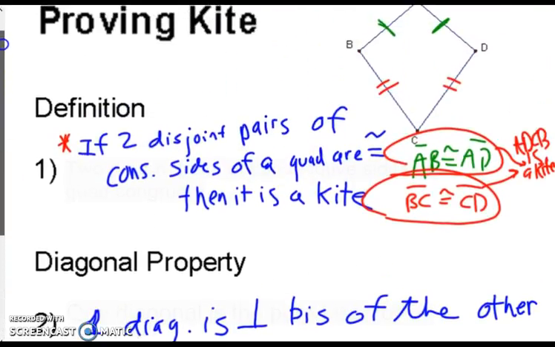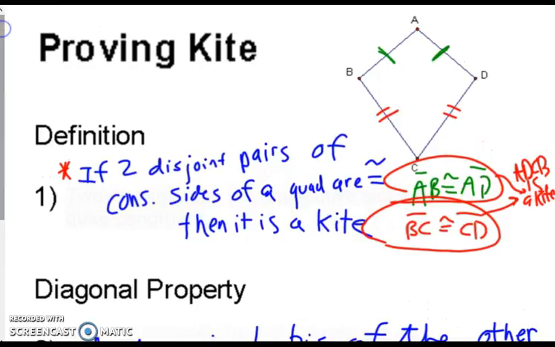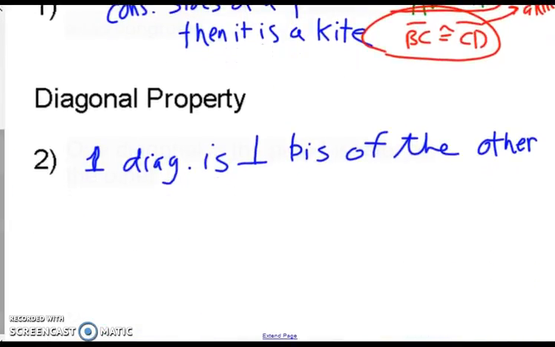Looking up at our kite here, that would be showing that AC is the perpendicular bisector of BD. So if you were doing your proof and you somehow got that, you could conclude that this shape was a kite based on this reason.